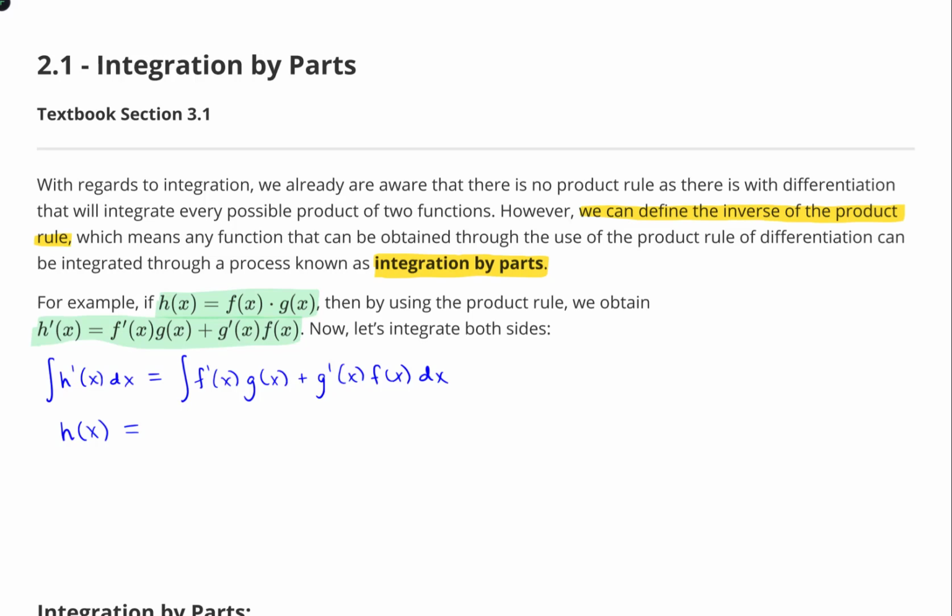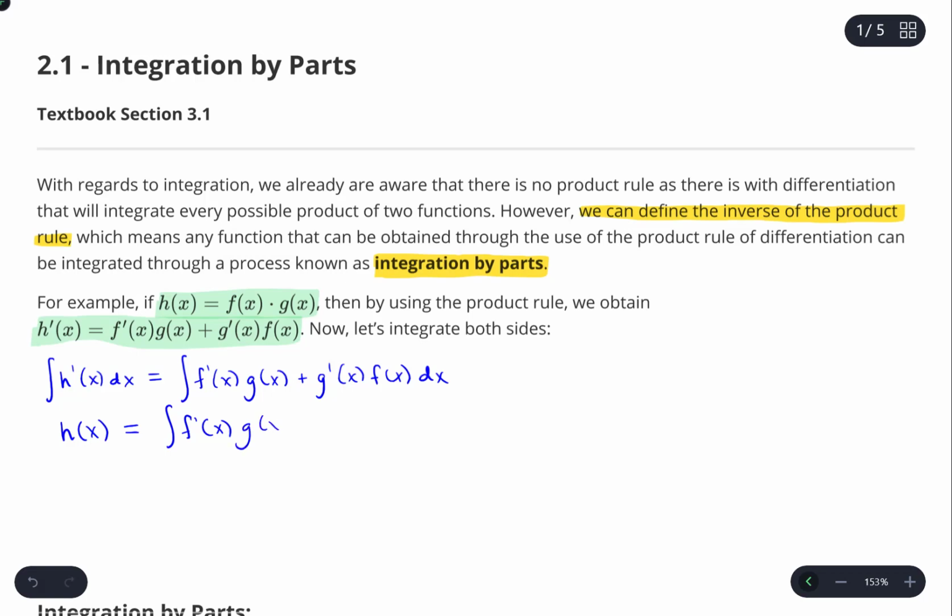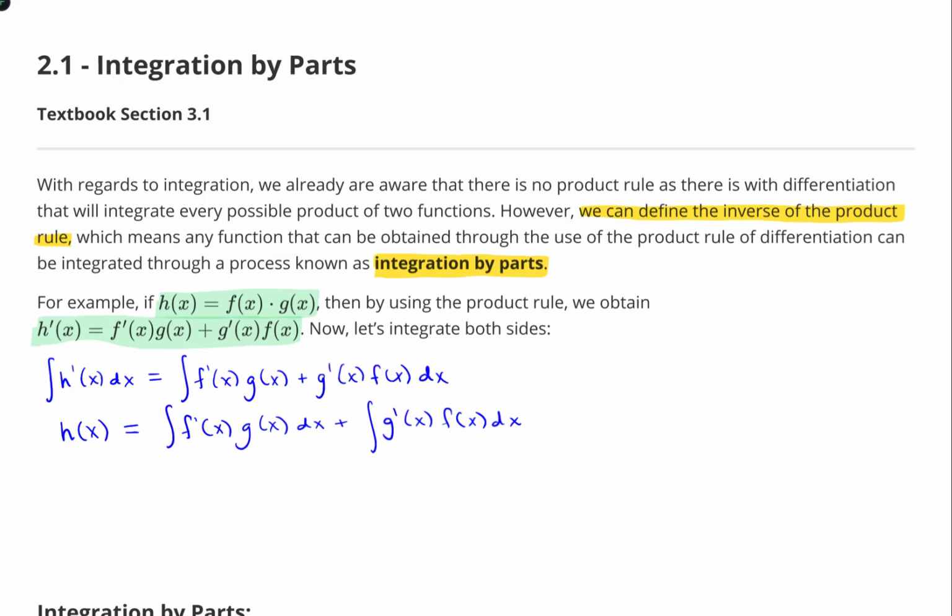What we can do, however, is just use some rules of integration and split this up into two separate integrals. So this would be the integral of f prime of x times g of x dx plus the integral of g prime of x times f of x dx.